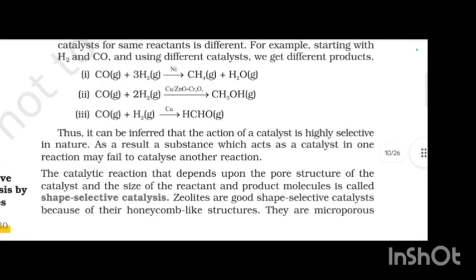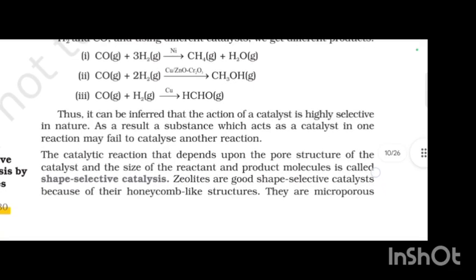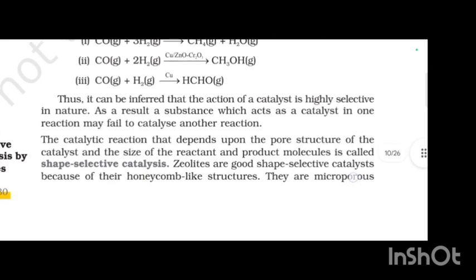First, CO gas plus 3H2 gas in presence of nickel gives CH4 gas plus H2O gas. Second, CO gas plus 2H2 gas in presence of copper or zinc oxide, Cr2O3 gives CH3OH gas.